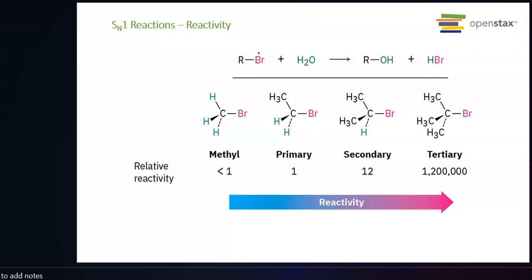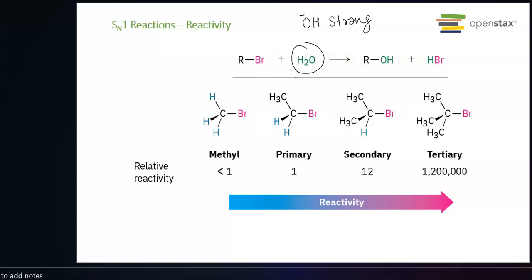So for example, if you take an alkyl halide and react it with a nucleophile like water, which is a medium or weak nucleophile, unlike OH minus, which was a strong nucleophile. So in SN2 we had strong nucleophiles reacting with alkyl halides, and now water, which is actually a medium nucleophile, is reacting with an alkyl halide, and you can see that the Br is replaced by OH from the water molecule.